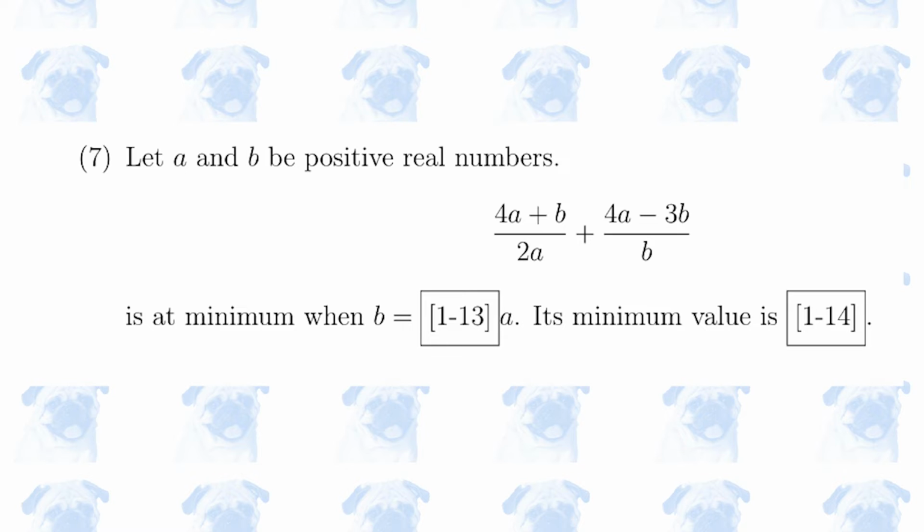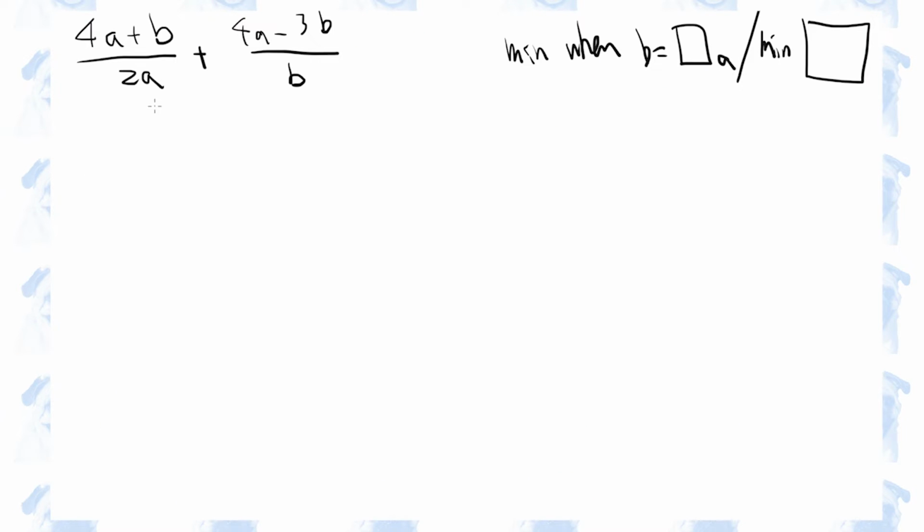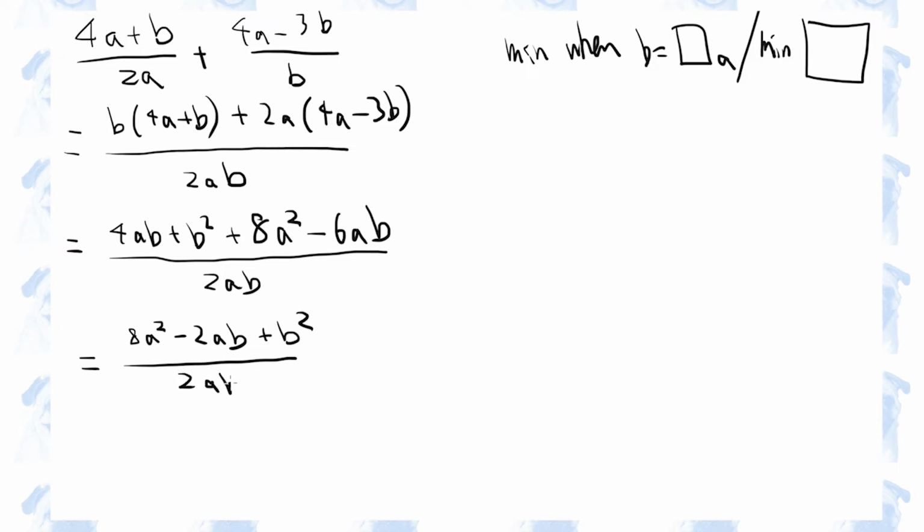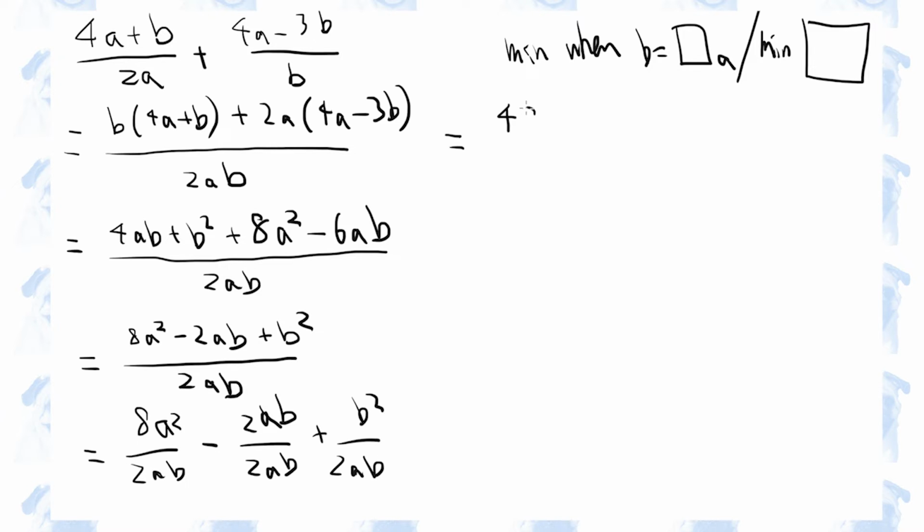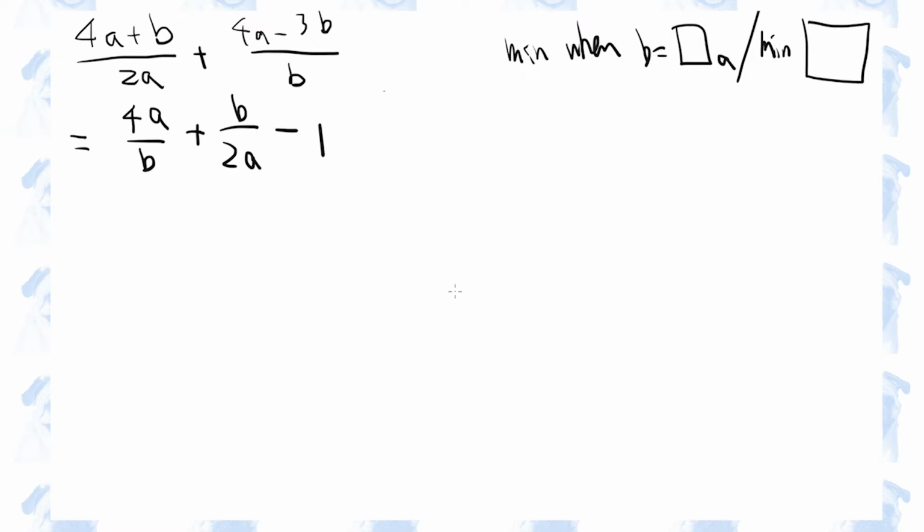Number 7. So let's simplify these fractions. 4a over b plus b over 2a minus 1. And to find the minimum value, let's differentiate this with respect to b.